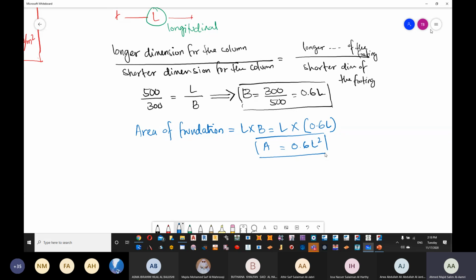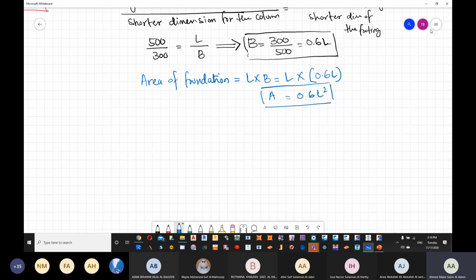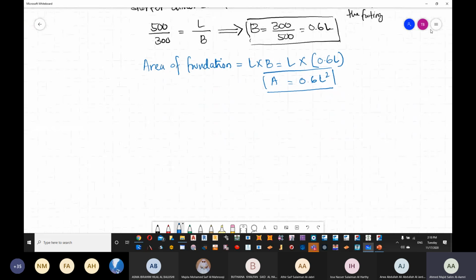Okay. Now after finding your area, we can use our equation, where stress is equal to force divided by area.